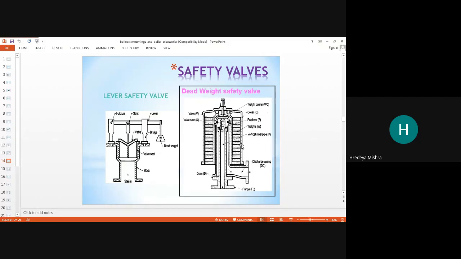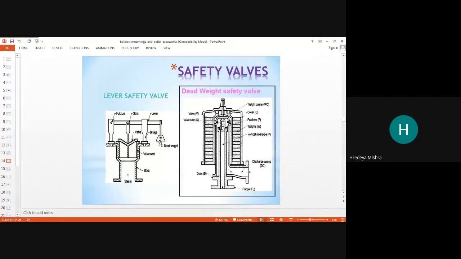So this is the full diagram of the dead weight safety valve, and here is the dead weight. So what happens here, if steam pressure is high, then due to this weight the valve is open.